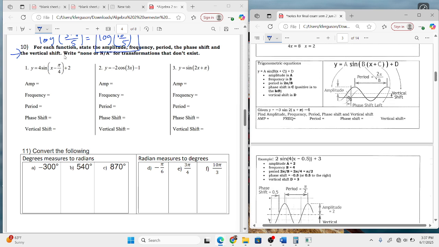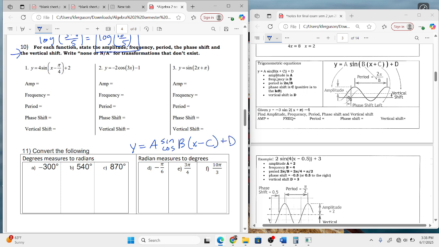So let's write it right here. So I've got y equals a times sine or cosine times b of x minus c plus d.